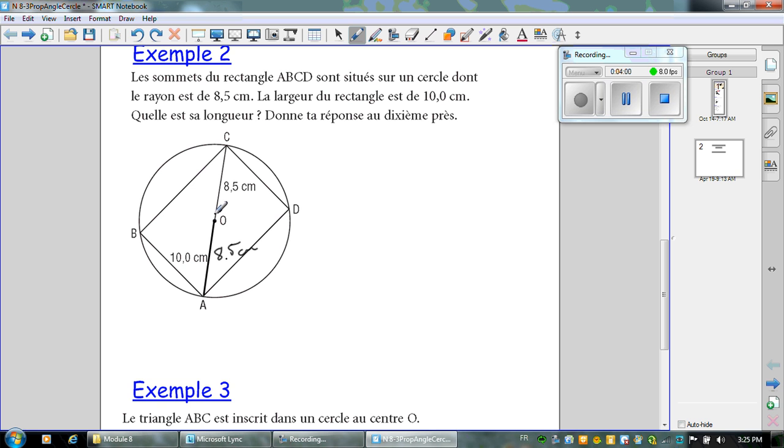And the angle in the center here is 180. That means that this is a 90-degree angle. That means that this is the hypotenuse, that's the base. We can find the height of the right triangle here by using Pythagorean's theorem.